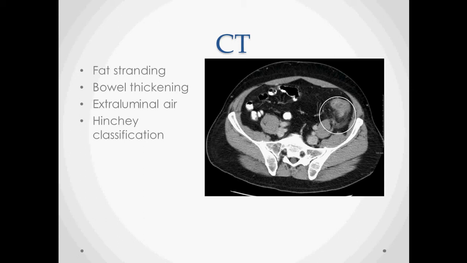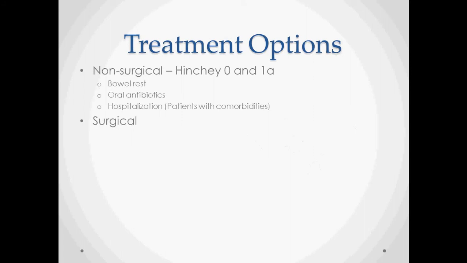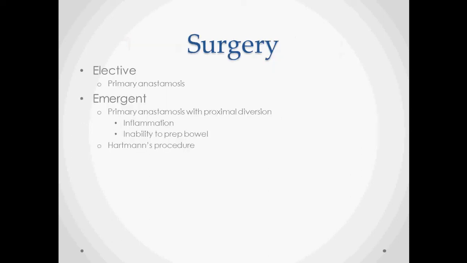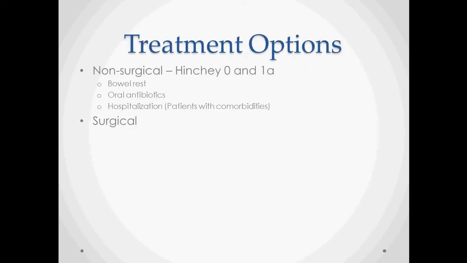These things are classified on the Hinchey classification. So Hinchey goes from 0 to 4. I believe it's 4. You'll have to double check that. But Hinchey 0 and 1A is a good indication that you don't need to do surgery right away.